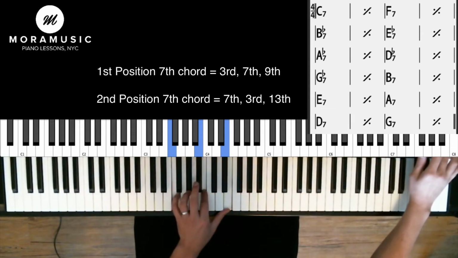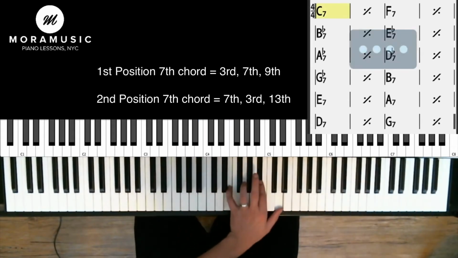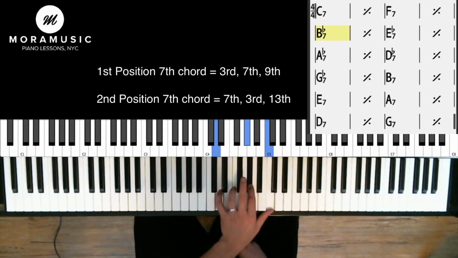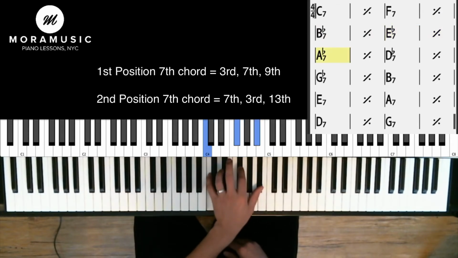I'm going to start the music and we're going to run through this one time using those positions we just played. Second position F, first position B flat, second position E flat, first position A flat.